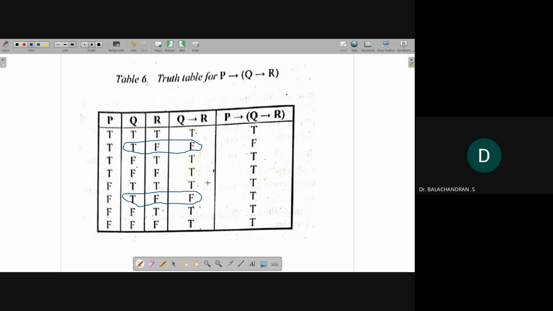And then P implies, okay, well, P implies Q implies R. These two columns I need to consider. So it is false only if what? This is true and this is false. That's why you have false. And similarly, check where it is false here. But here I have F only. So remaining all other cases, it is what? True, true, true, true, true. That's all. Over.